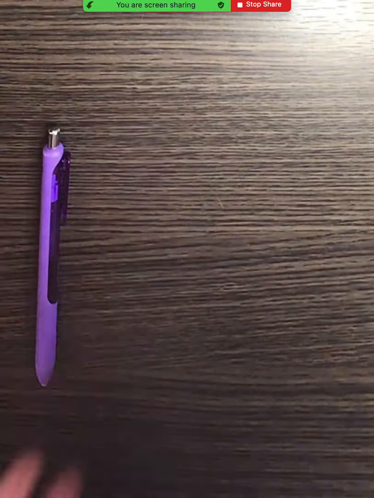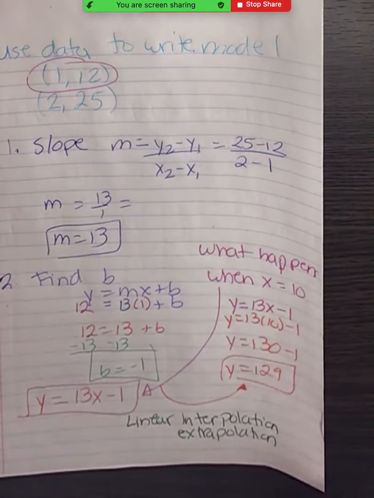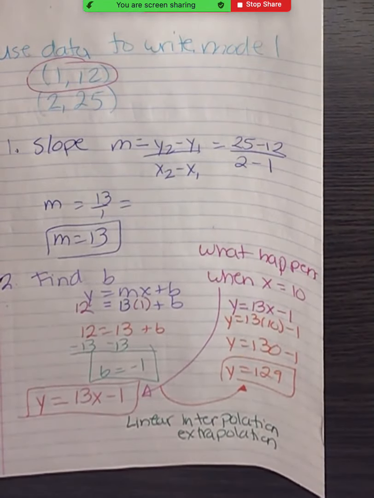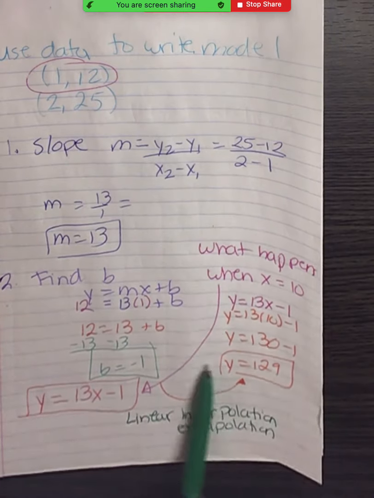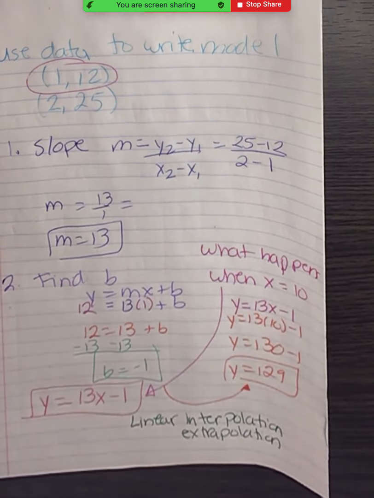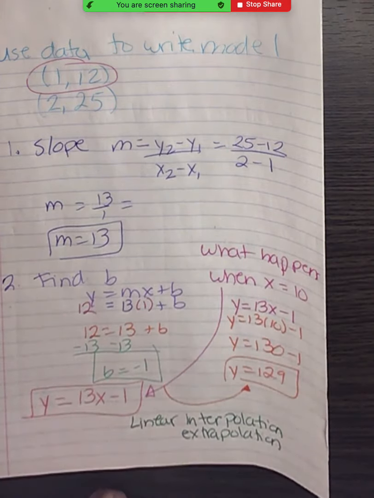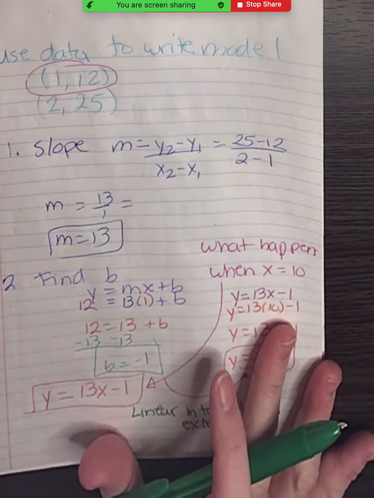The extrapolation is using left and right of your data point. So usually we want to estimate it by just plugging it in, or using your best fit or your graph to estimate your values.